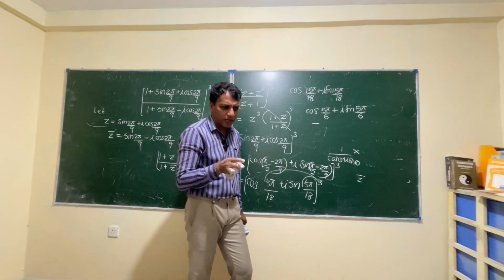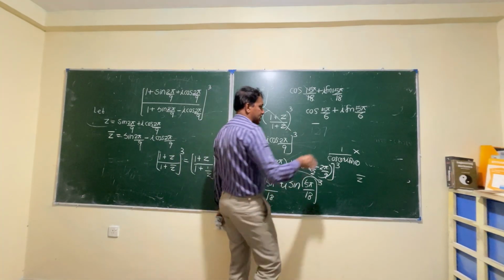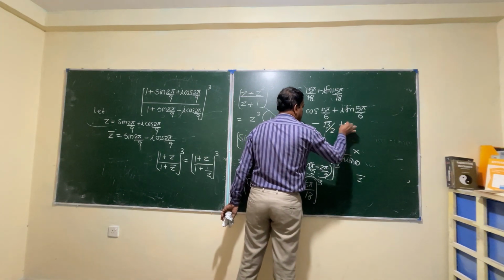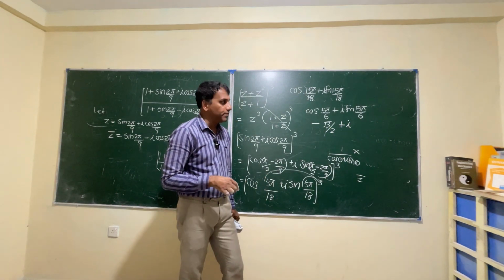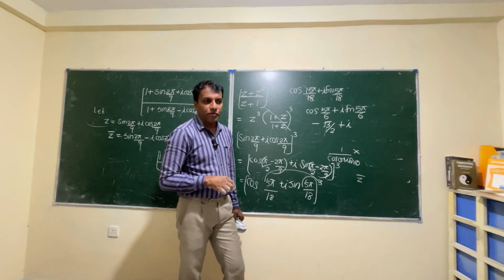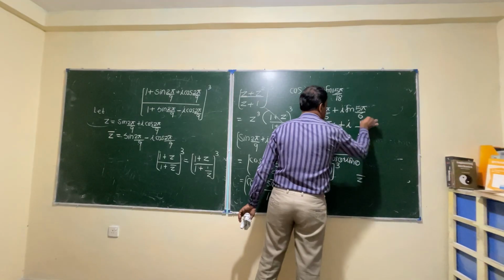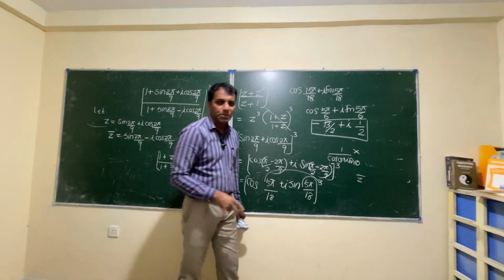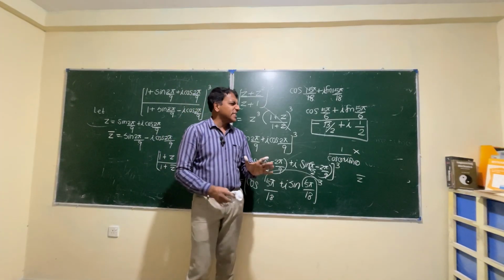Can you show that cos 90 plus 60 is minus sin 60, that is minus root 3 by 2, plus i sin 90 plus 60, that is sin 150, which is cos 60, half, okay. Check this answer. When you write the complex number, show the real part plus the imaginary part: minus root 3 by 2 plus i times half.